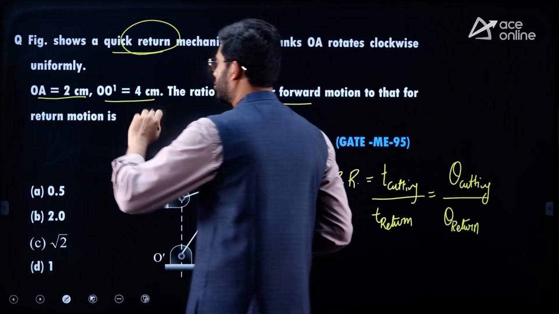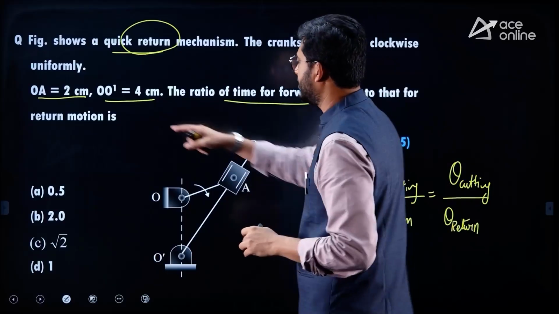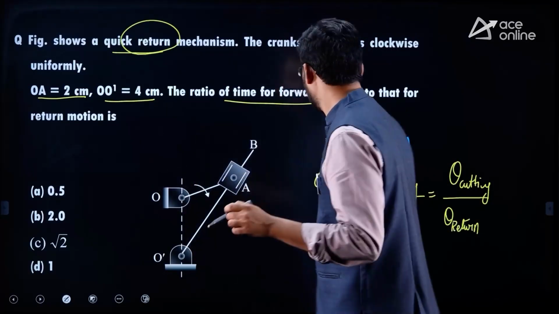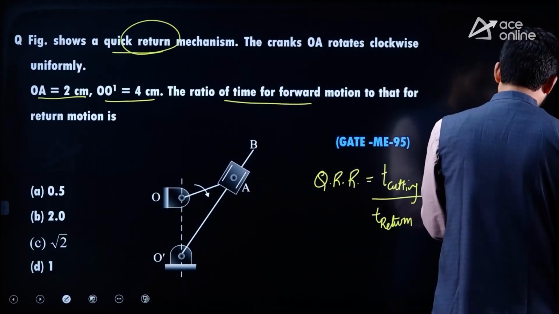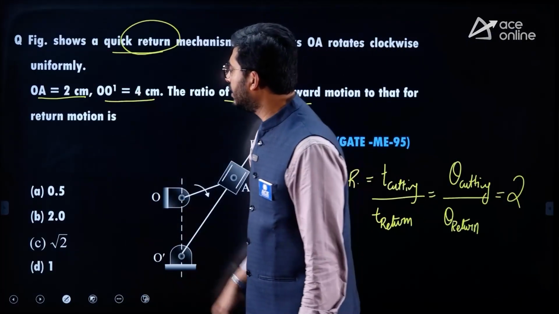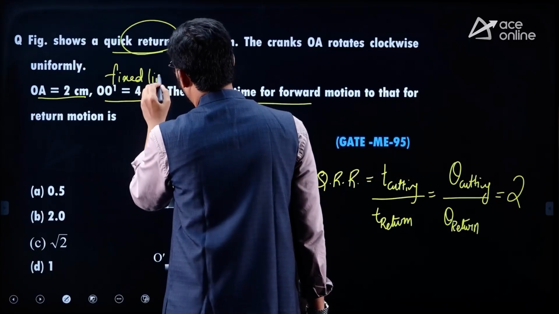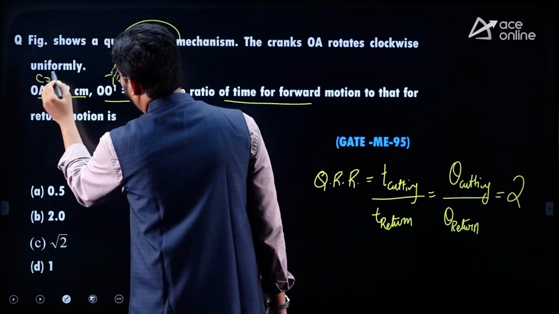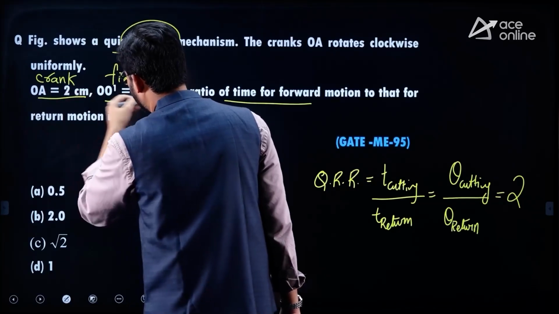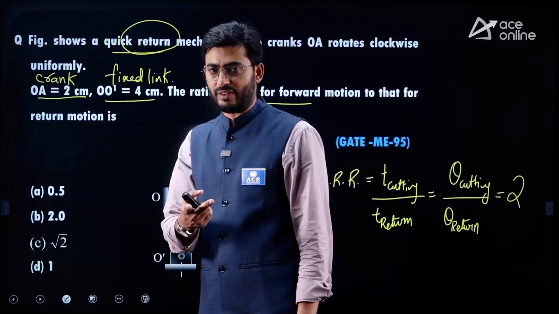So here if you check the ratio of these lengths, if it comes out as 2, directly QRR could be 2 only. This is a special case where you compare the lengths of the fixed link and the crank. If that ratio is 2, then the answer could be either 2 or 0.5.